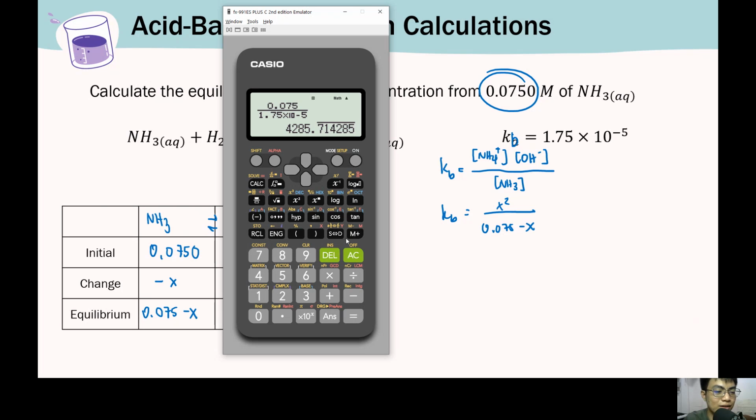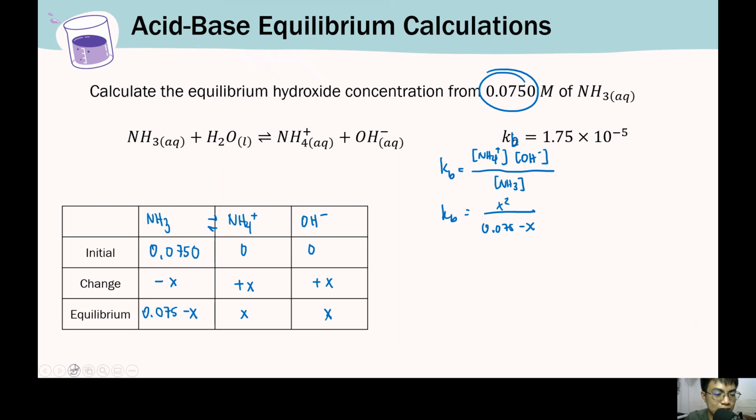Okay, so again, what do we do with the shortcut? So basically, this term here can be eliminated na. Okay, so we can eliminate that term na. Kasi siya yung dahilan ba't may quadratic tayo. Okay, so meaning, x squared is just your concentration times your Kb value.